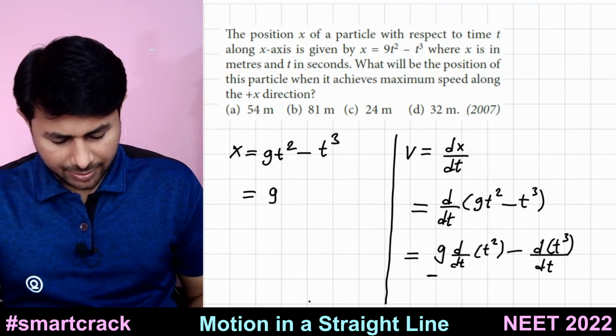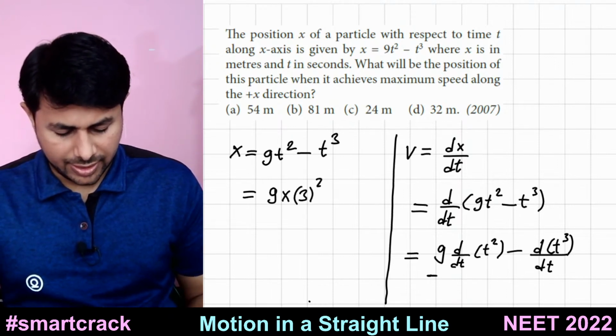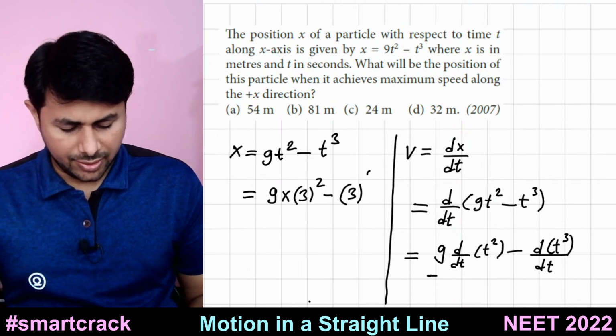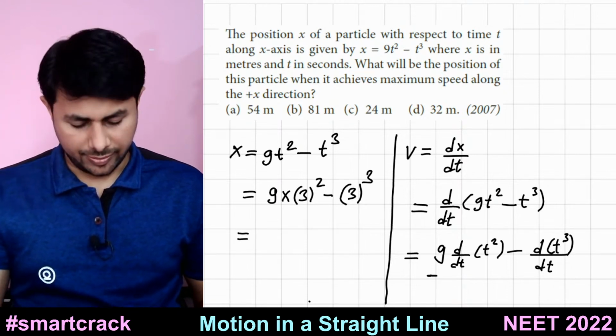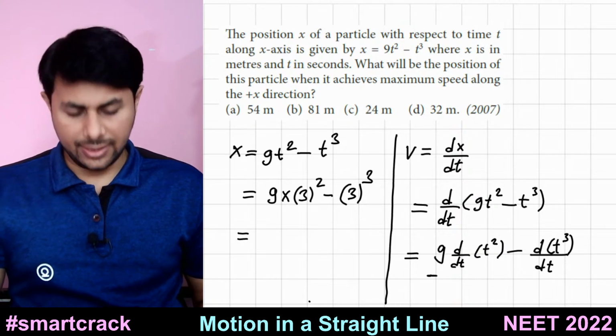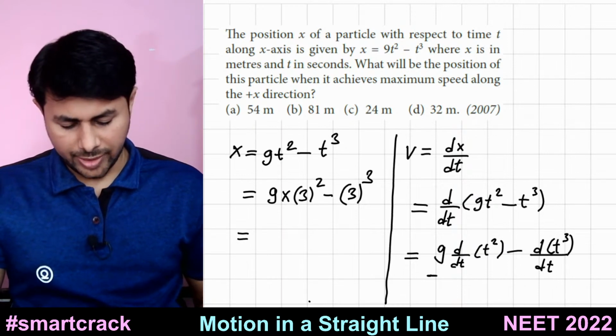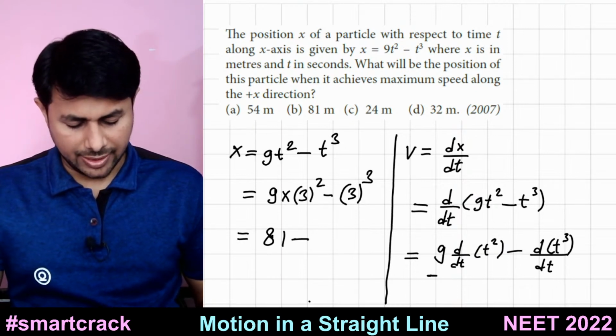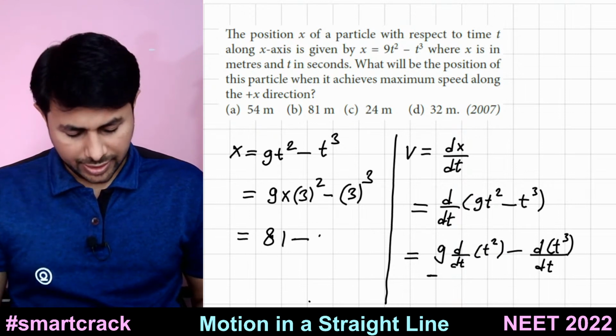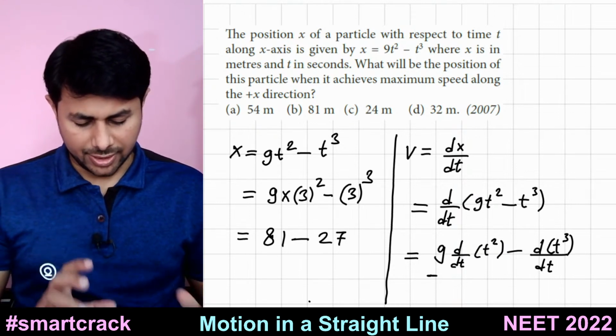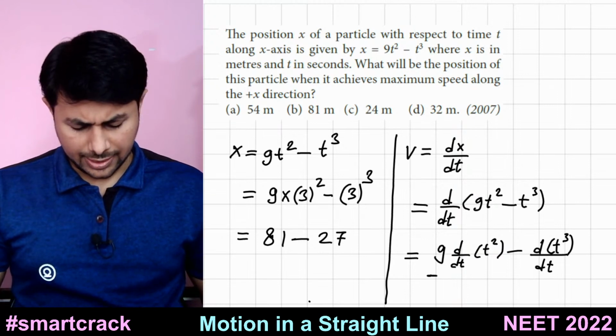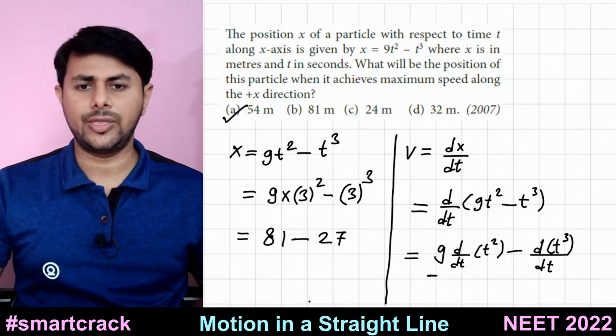So 9 multiplied by t square, that is 3 square, minus 3 cube. So 3 square is 9, 9 times 9 is how much? It is 81, minus 3 cube is 27. So 81 minus 27, I guess 54 should be the answer.